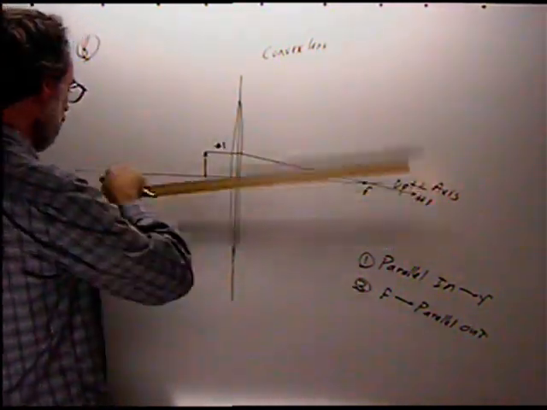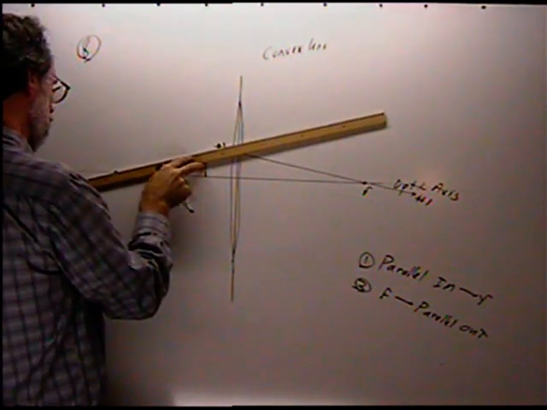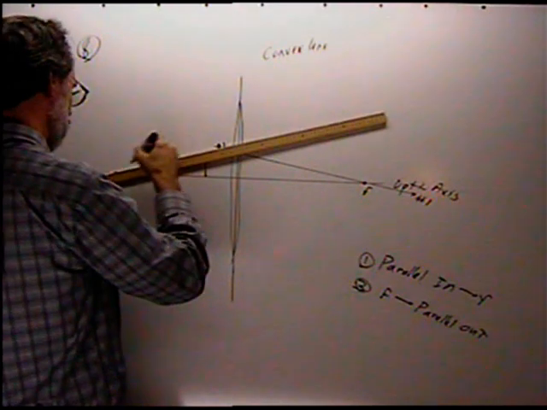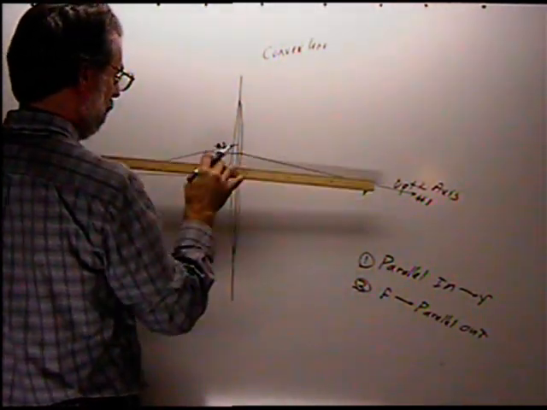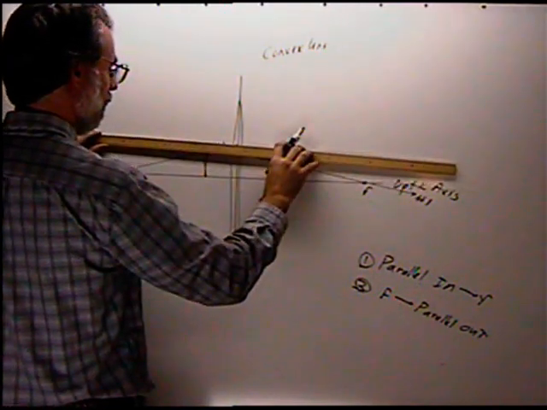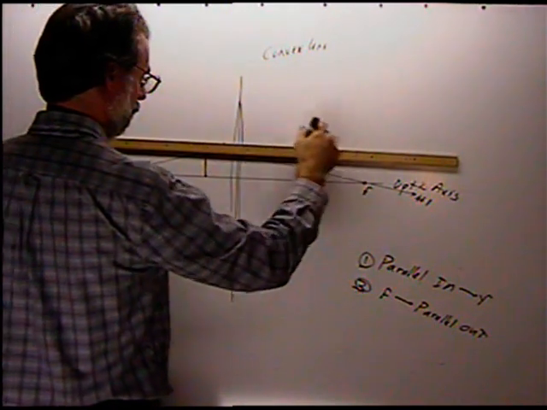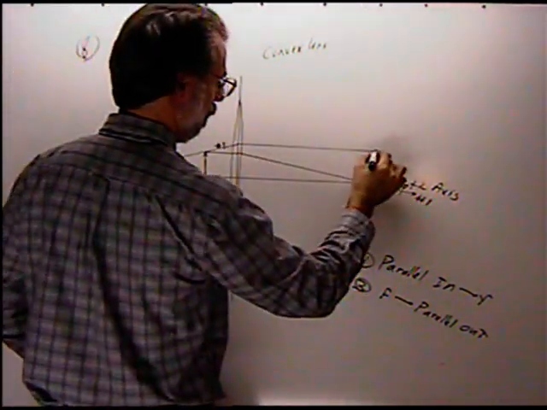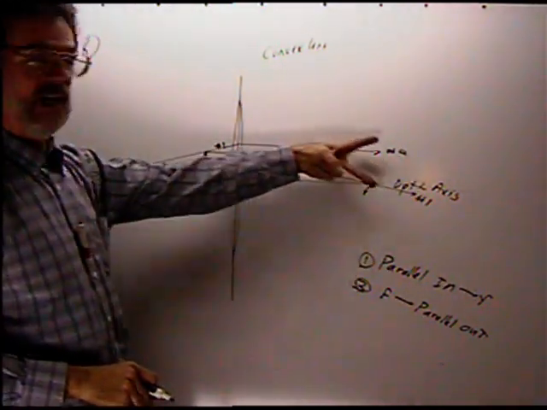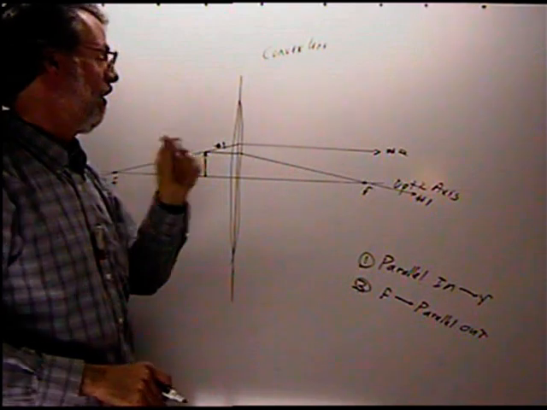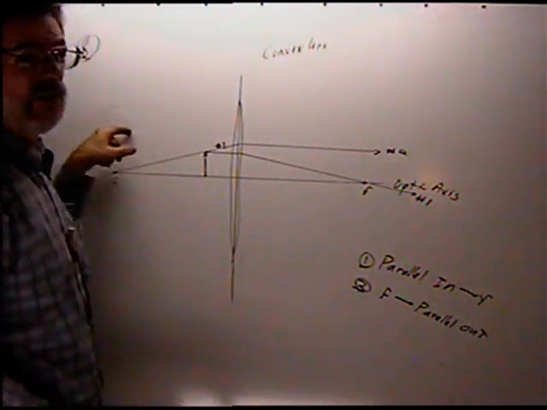We have to go through this focal point, so we go this way through the focal point, and then parallel out. Notice already that these two rays are diverging. These are not converging. That tells you that they're going to form virtual rays back on this side, most likely.